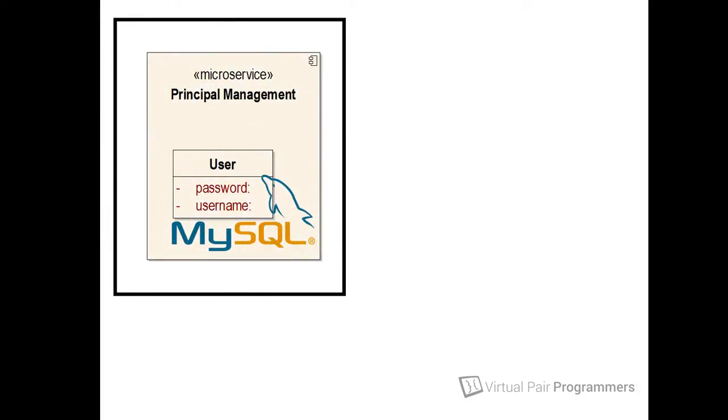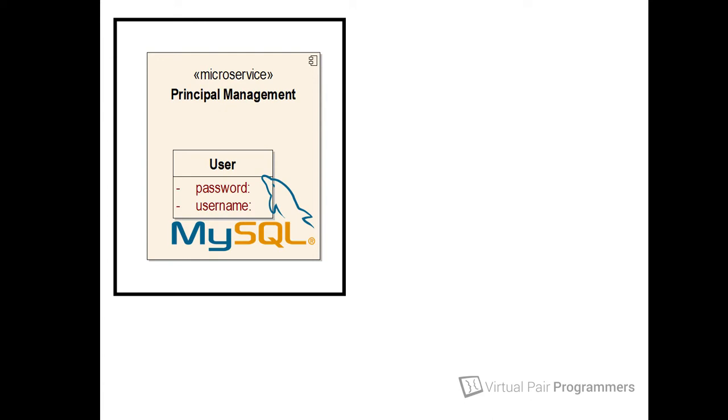A possible solution is that we would have one microservice, let's call it principal management. I don't know if you're familiar with the term principal. That's a term that basically means user when applied to security. So this is going to be responsible for identifying a user's username and password and checking if they're valid.